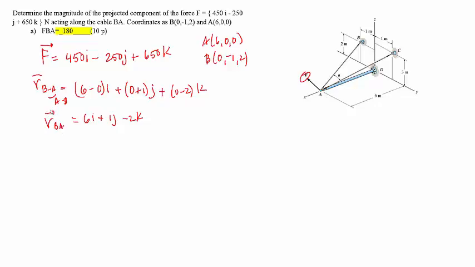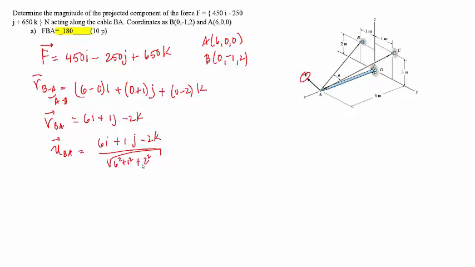But this is the vector BA. I need the unit vector in that direction, which then would be 6i plus 1j minus 2k divided by the magnitude squared plus 2 squared.